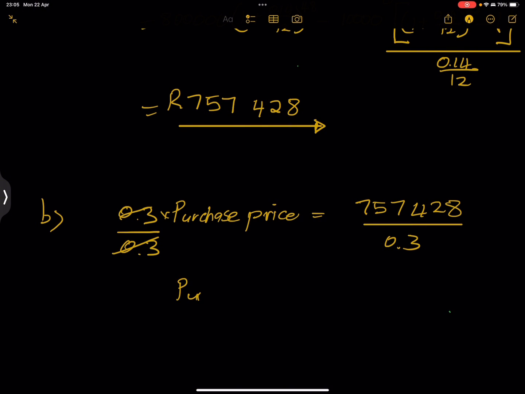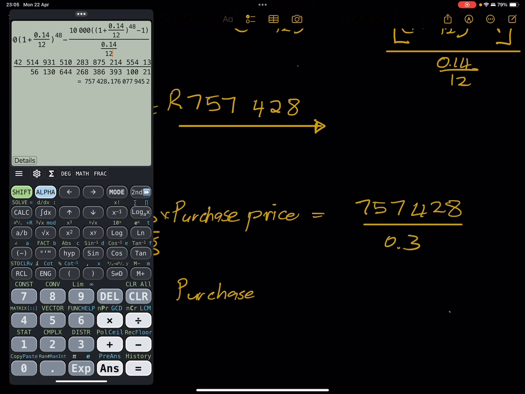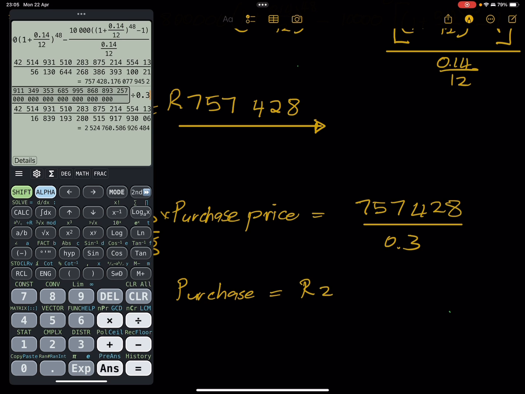So what would be my purchase price? Take that amount there and I will divide it by 0.3. And what I get there is 2,524,761.